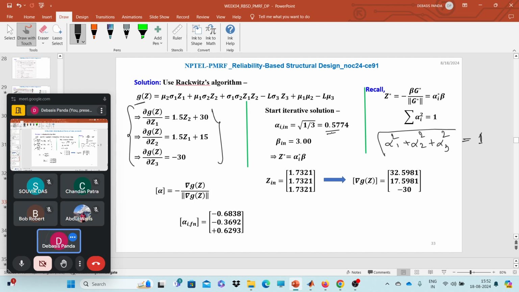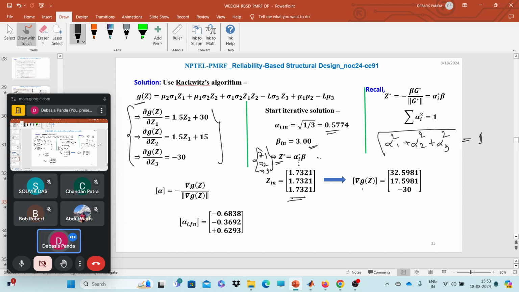Now I have considered the initial beta as 3. When we have alpha and beta, I can consider the z star. In matrix notation, it is z1, z2, z3, that is, alpha 1 times beta, alpha 2 times beta, alpha 3 times beta. So these are the initial z values. Clear?